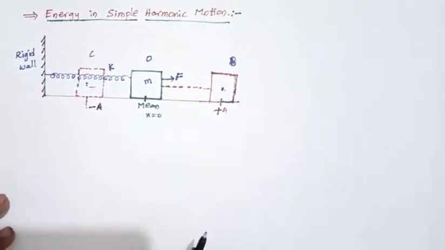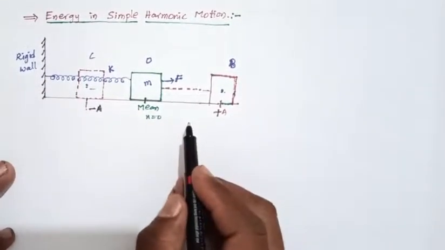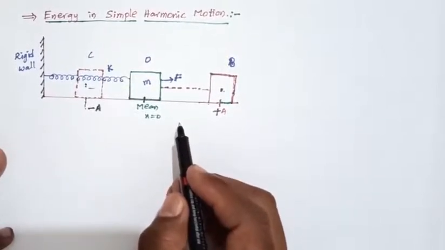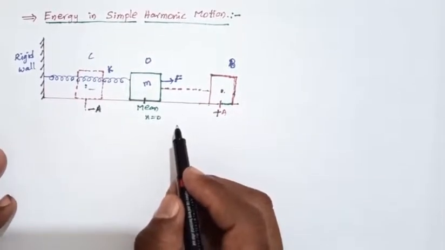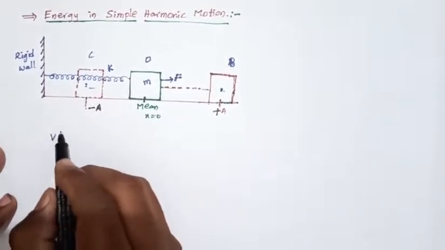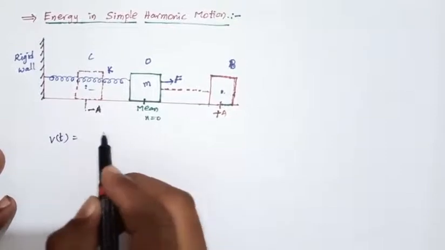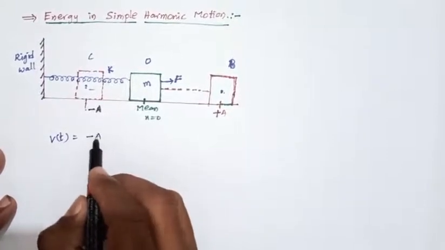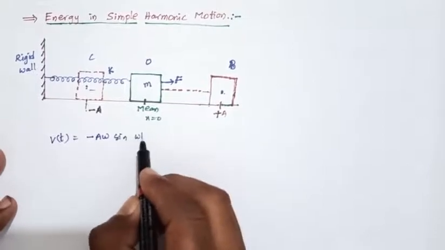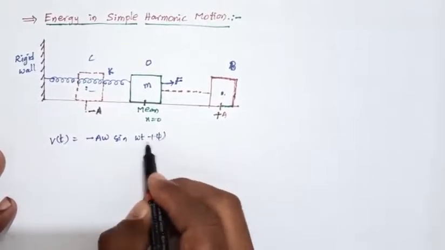We already derived the equations. For simple harmonic motion, the velocity v of t equals, what is the equation? Minus A omega sine of omega t plus phi.